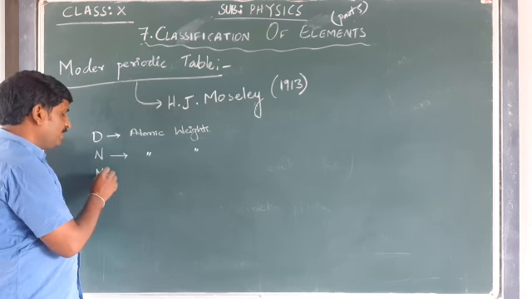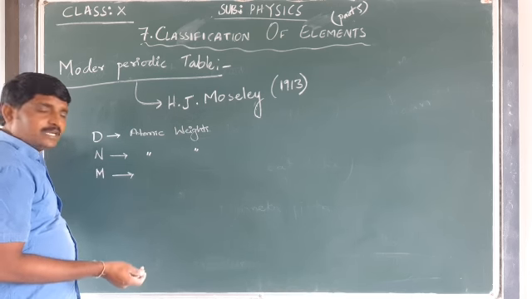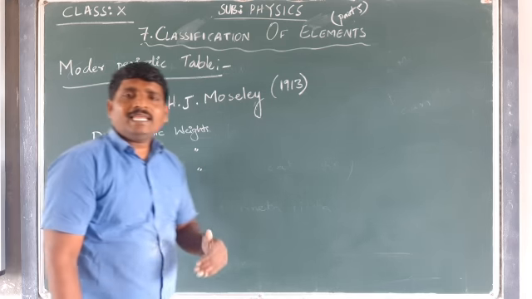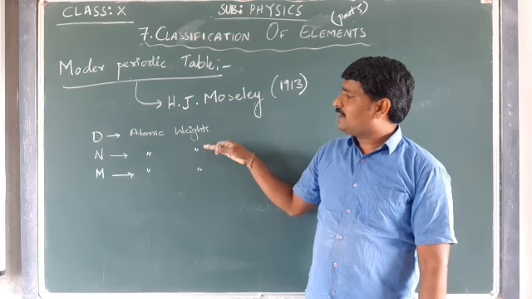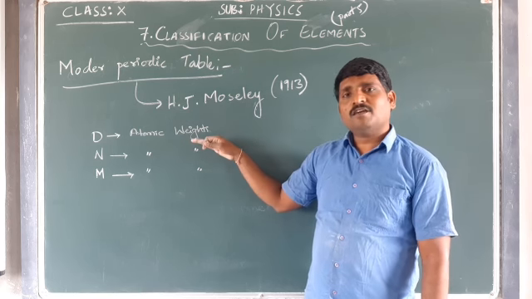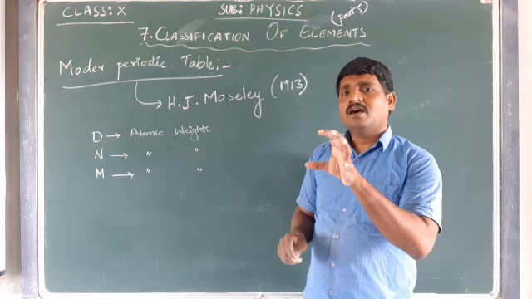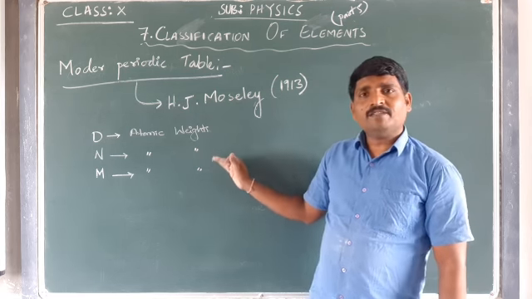Again Mendeleev proposed the arrangement of elements based on atomic weights. These three scientists proposed the arrangement of elements in increasing order of atomic weights. They were much focused on the arrangement based on the atomic weight of the elements.